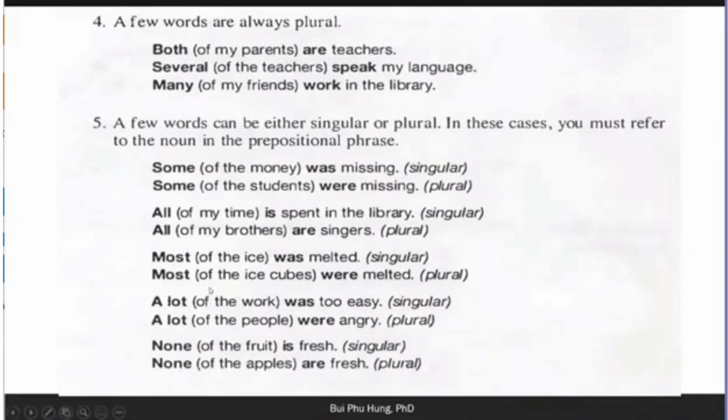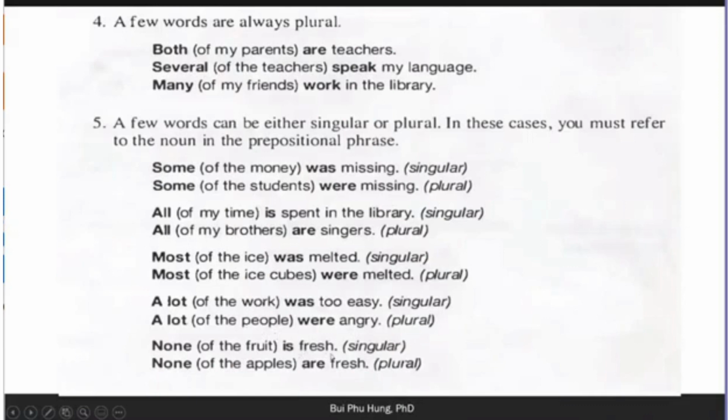Most of the ice cubes were melted. So cubes is plural, and most is plural. A lot of the work was too easy. Work is uncountable, singular, and a lot is singular. A lot of the people were angry. People is plural, and a lot is also plural.